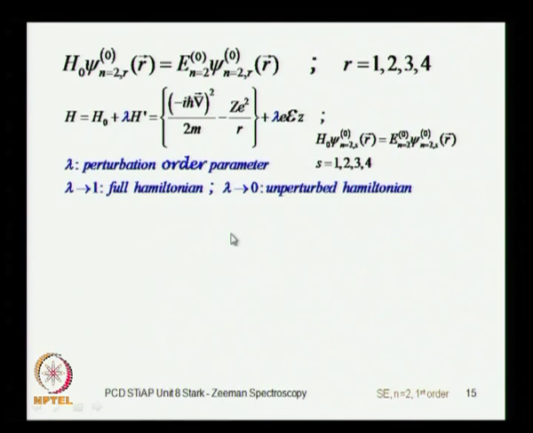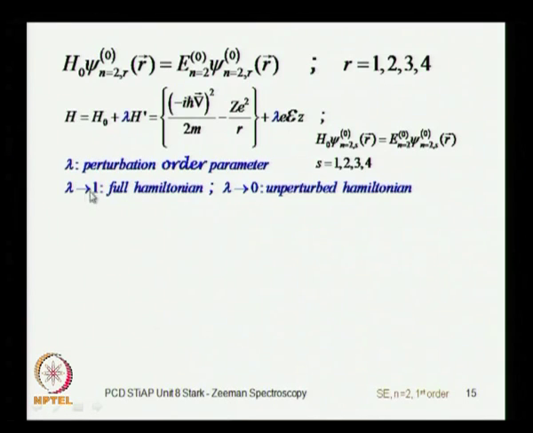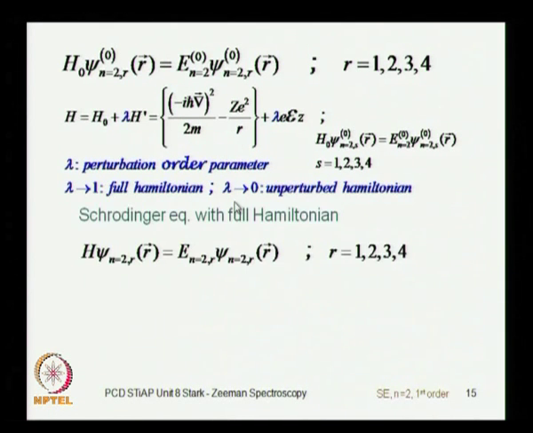So, you have got these 4 states which are degenerate, and the perturbation is e times script E times z. This is the charge, the script E is the electric field, and the perturbation order parameter is lambda. Lambda equal to 1 gives you the full Hamiltonian, lambda going to 0 will give you the unperturbed Hamiltonian, and now you can write the Schrodinger equation with the full Hamiltonian.